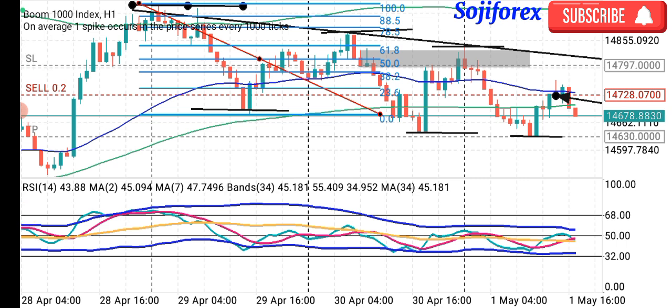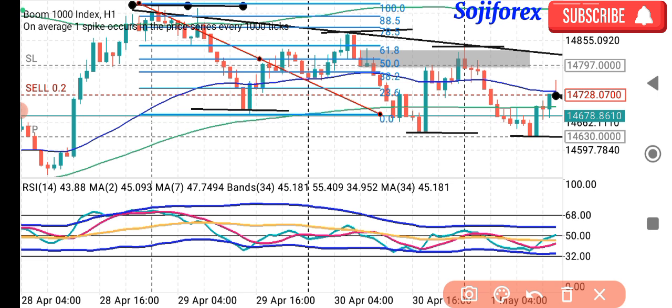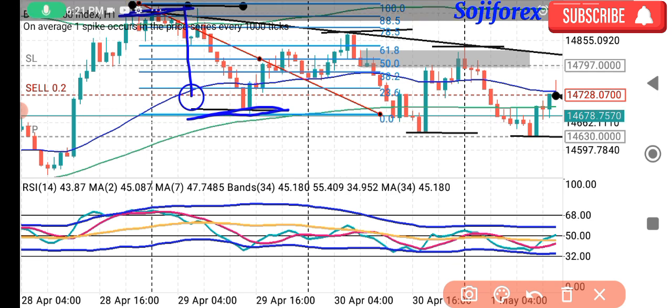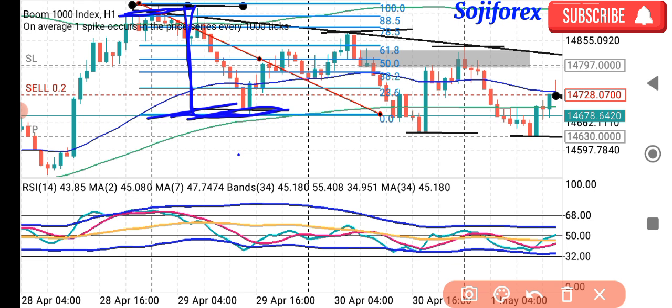This Fibonacci was used to connect this point and this point. These are the two points that I've connected together as my range.